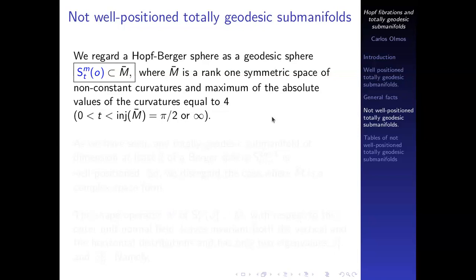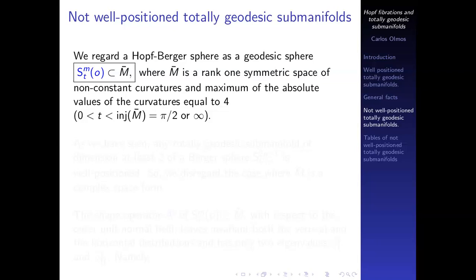We regard the Hopf-Berger sphere as a geodesic sphere. Again, we say the same of a rank 1 symmetric space of non-constant curvature. The injectivity radius is, in the compact case, pi/2, because the maximum curvature is 4, or infinity in the non-compact case.